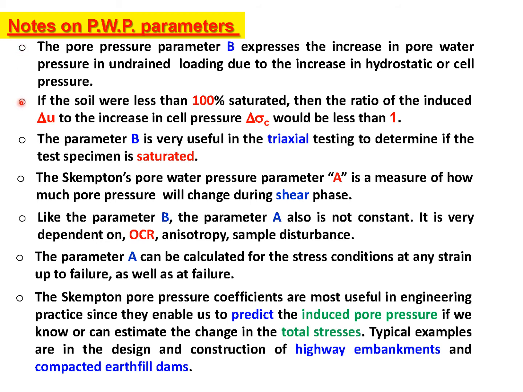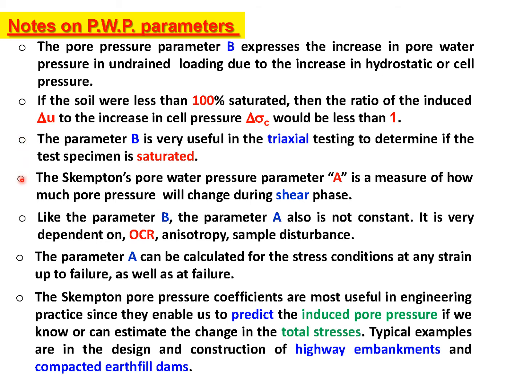If the soil were less than 100% saturated, then the ratio of the induced delta U to the increase in cell pressure delta sigma C would be less than 1. The parameter capital B is very useful in triaxial testing to determine if the test specimen is saturated.